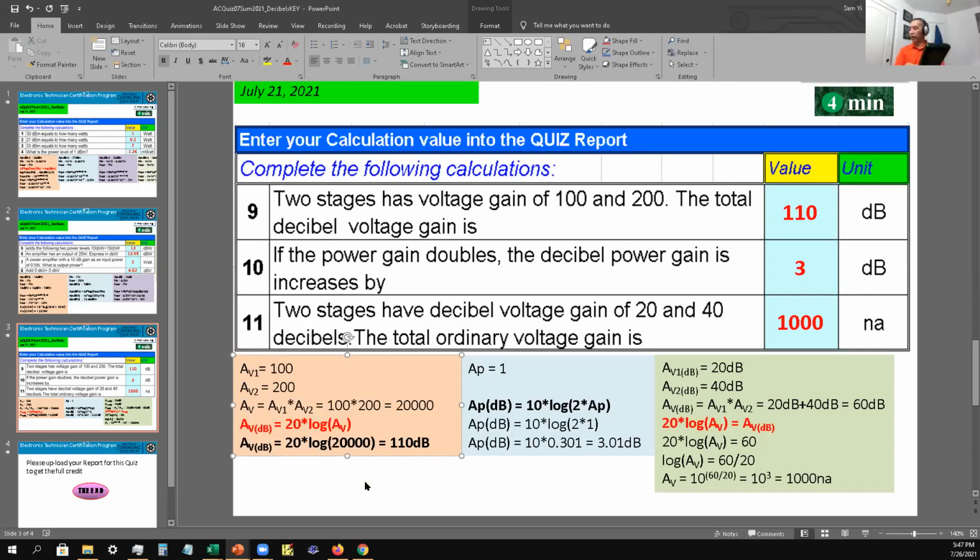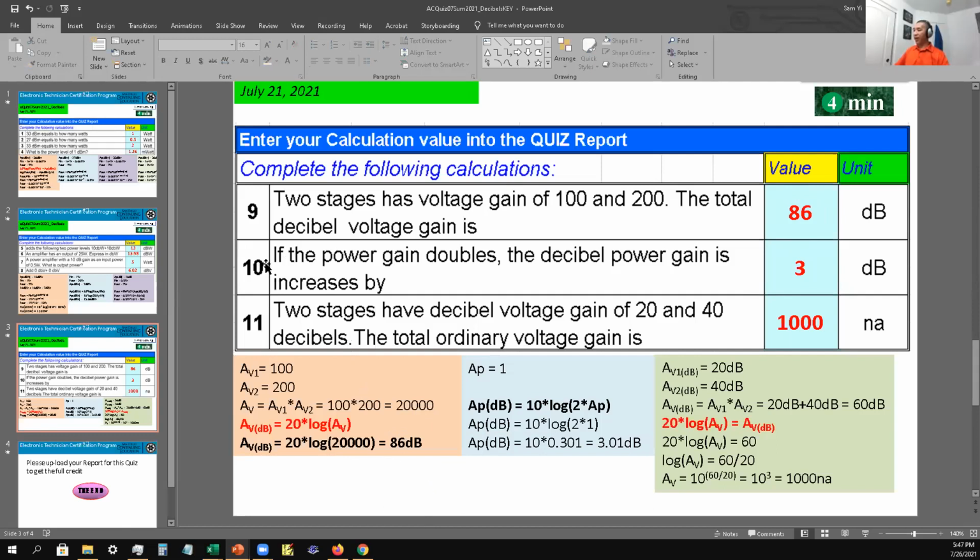Log of 20,000, and then times 20. Okay, yeah, you're right. Sorry about that. I was looking at some other number. So this comes to 86 dB. Thank you for correcting me on that. No problem. 86.